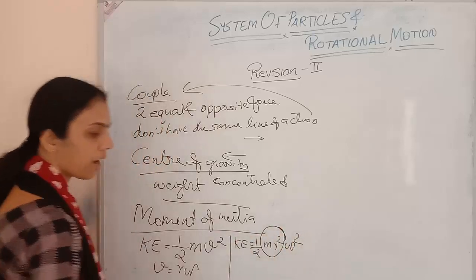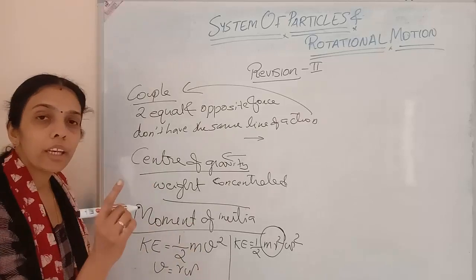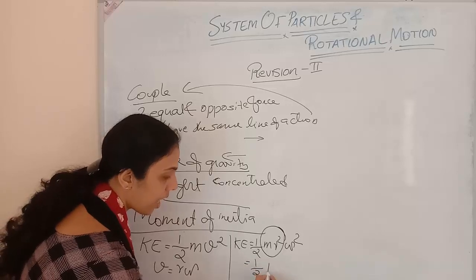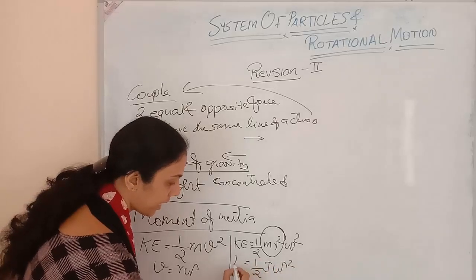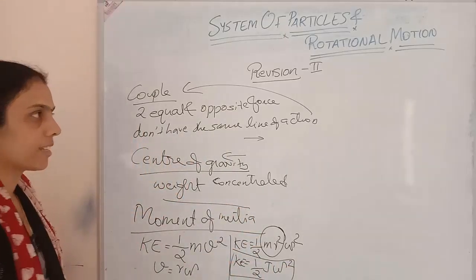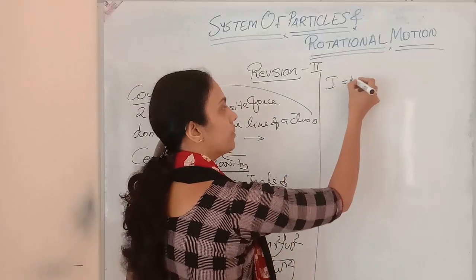What is this m r squared? m r squared is called the moment of inertia, I. The kinetic energy equation in rotational motion is half I omega squared, where I is the moment of inertia.